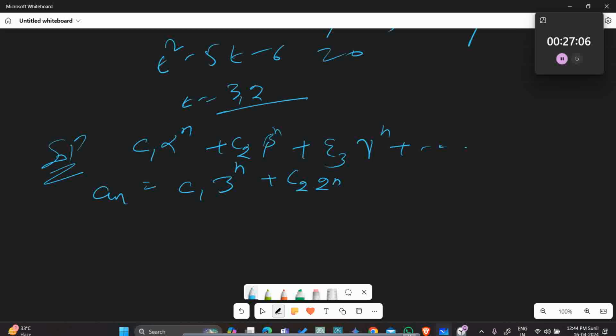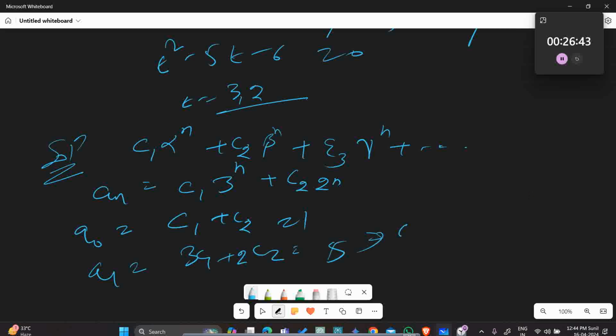Alpha and beta are the roots of the equation. Now a of 0 is equal to c1 plus c2, a of 0 is equal to 1, and a of 1 is equal to 3c1 plus 2c2 equal to 5, which implies c1 is equal to 3 and c2 is equal to minus 2.